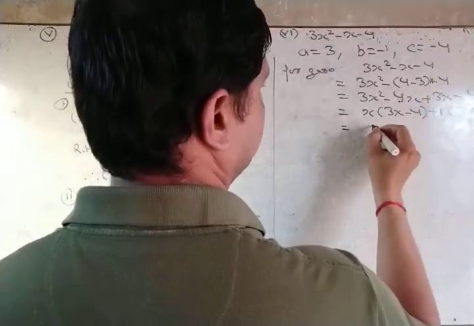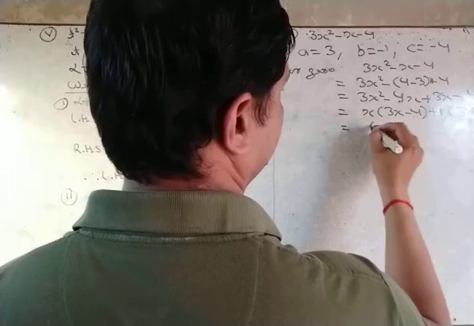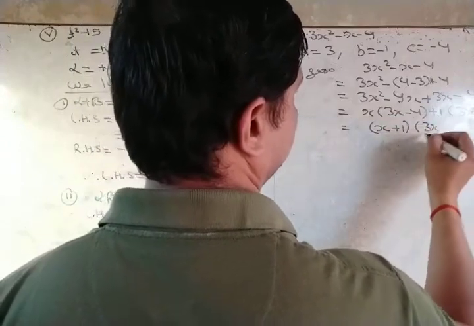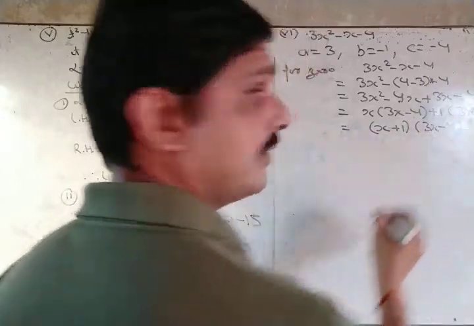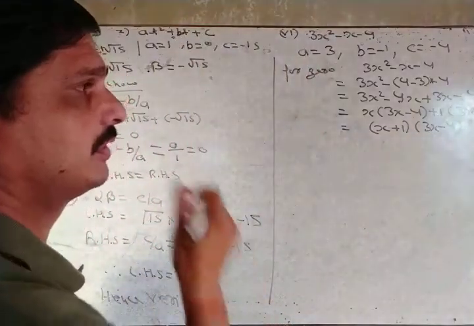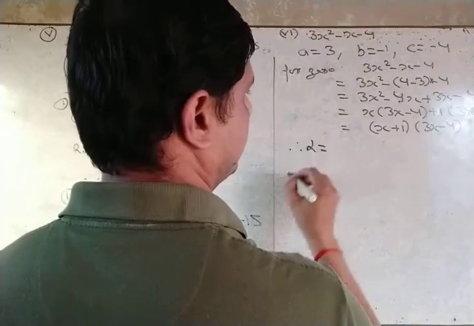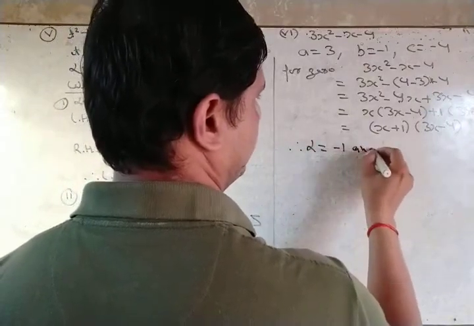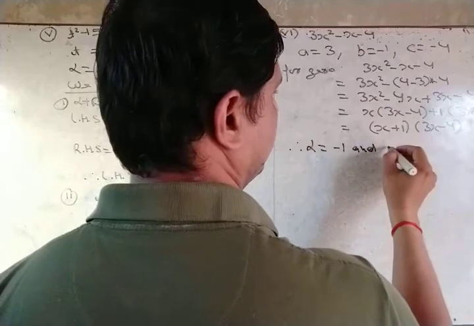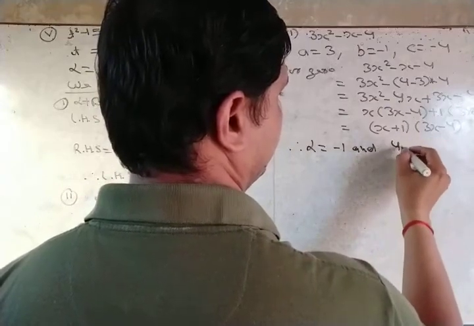Therefore, it can be written as x plus 1 and 3x minus 4. Now, therefore, roots are minus 1 and 4 by 3.